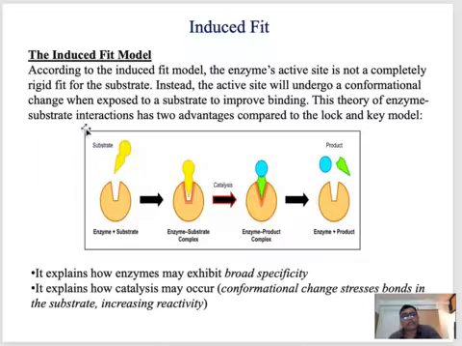This model actually has two advantages compared with the lock and key model. So what are those advantages? One, this model explains how enzymes may exhibit broad specificity. If an enzyme's substrate binding site is very rigid, it can only bind a substrate which has that exact shape, right?